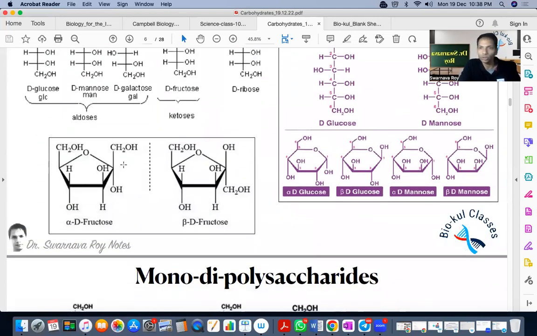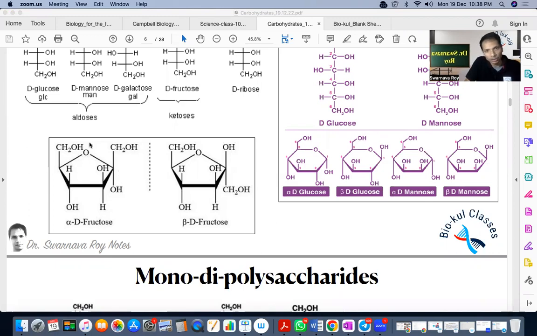In case of fructose, this is basically an alpha fructose. You see the OH is below the plane. Let's try to understand this concept again. This is the alpha, because the CHOH and the OH are on opposite sides. And this is the beta because the CHOH and the OH are on the same side. All right, so this is what we learned.